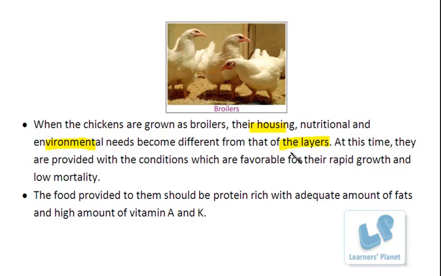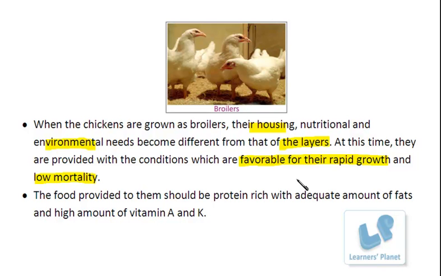In such organisms, conditions are maintained which are favorable for the rapid growth of the organisms and a low mortality rate, right? These two are the most important factors here. And of course, if the lighting is maintained, the organism is able to feed at a fast rate for a long period of time, isn't it?